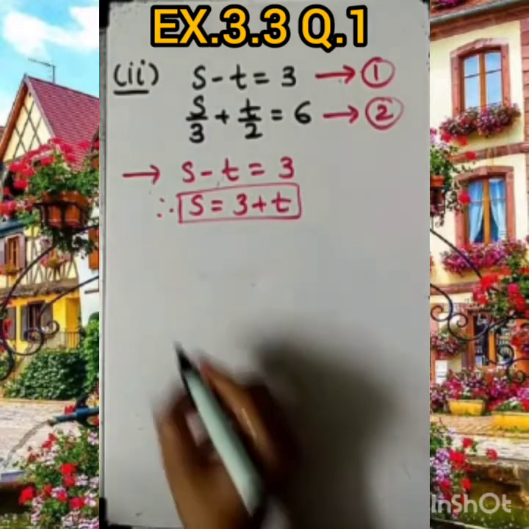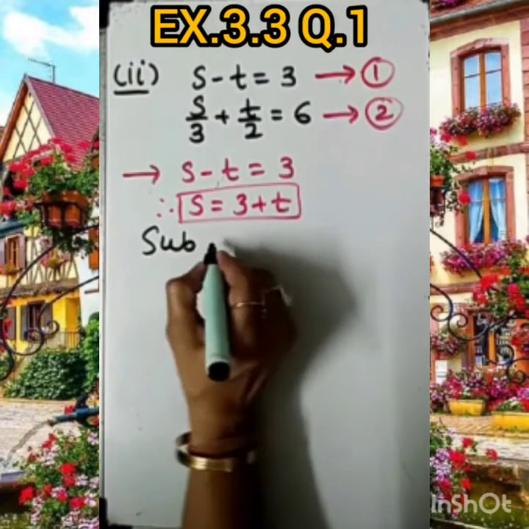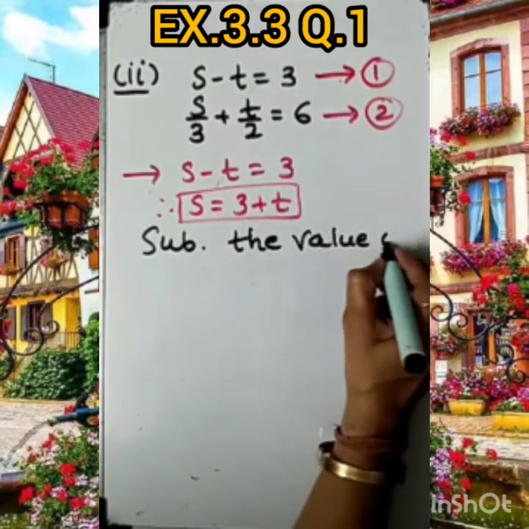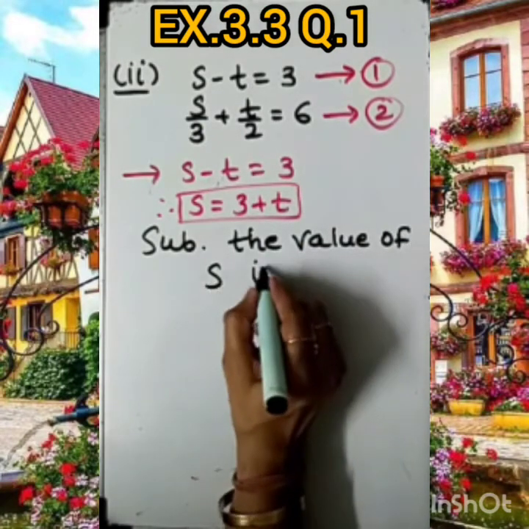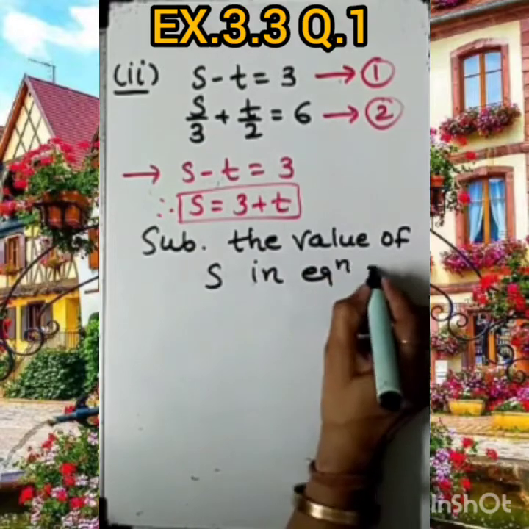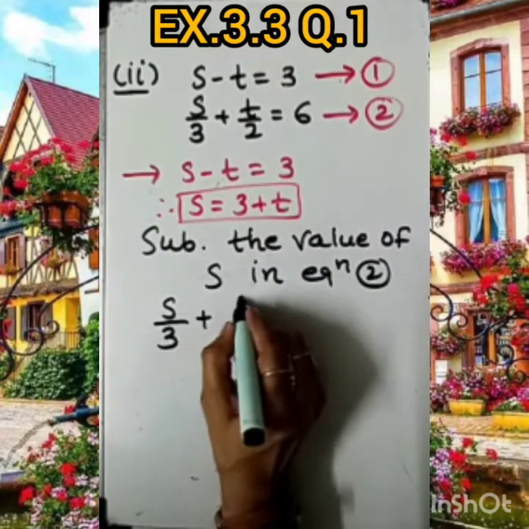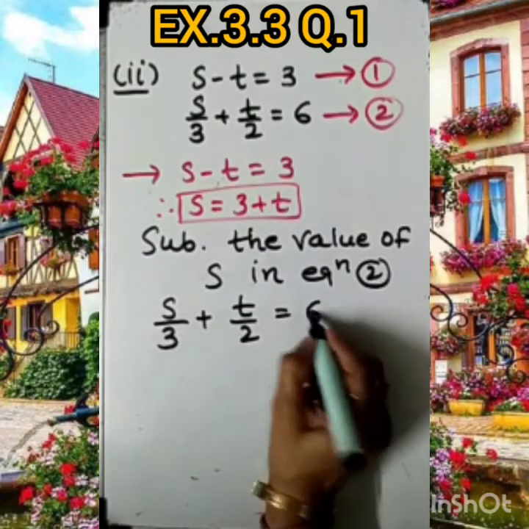Now substituting the value of s in equation number 2. Our equation number 2 is s by 3 plus t by 2 equal to 6.